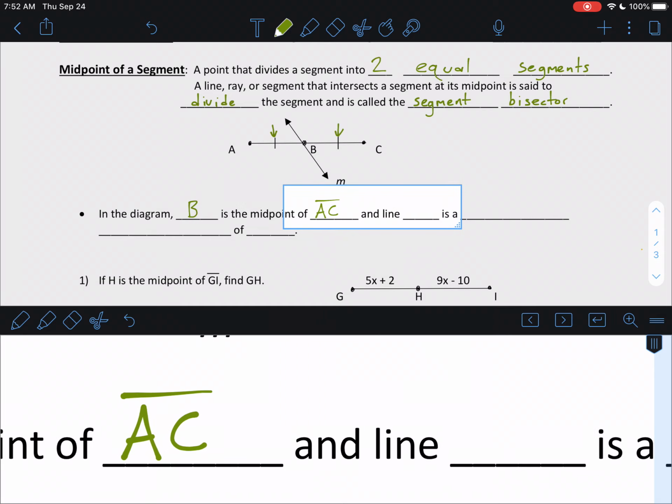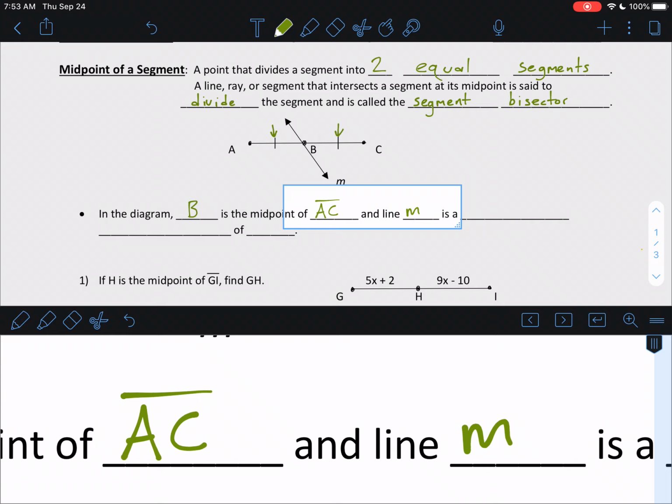And line M, remember when we talked about naming lines and naming segments, we said that for lines, you could either pick 2 points on that line to name it, or you could just use one lowercase letter. And M here is the lowercase letter. We haven't seen any examples of just one lowercase letter yet in this class, but here it is.